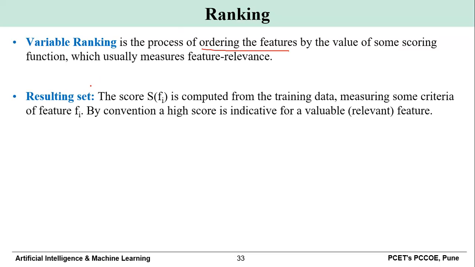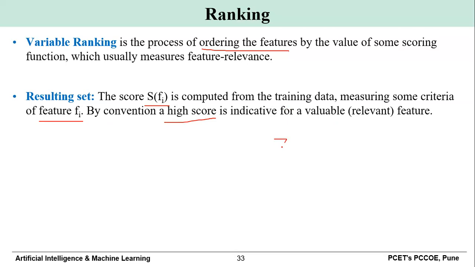Now, the resulting score is generally denoted by S(Fi), and it is computed from the training data measuring some criteria of feature Fi. By convention, a high score is indicative of a relevant feature.